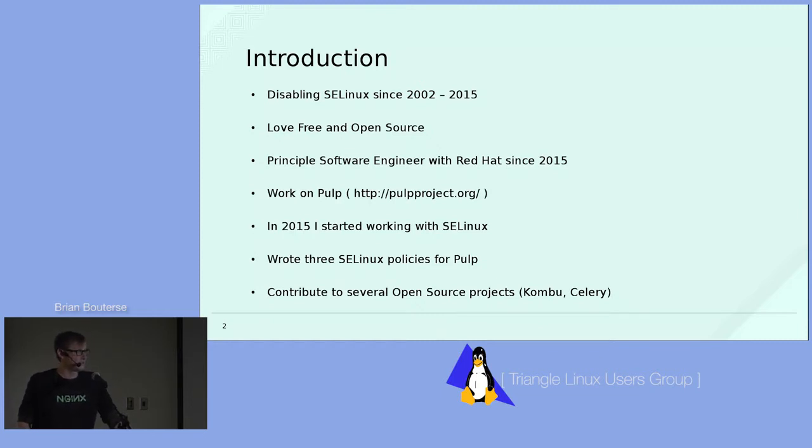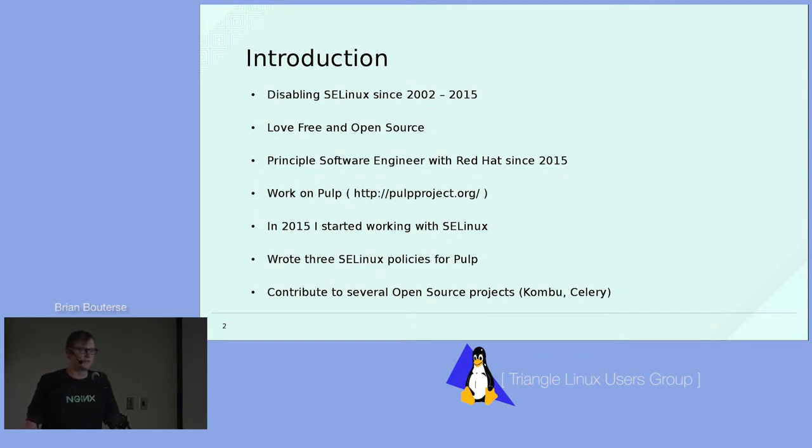I love free and open source, and working in the ecosystem is a wonderful experience. Using free software is an amazing thing, so that's part of what brings me here. I'm a principal software engineer with Red Hat since 2015, and it's a great company that I really enjoy working for.